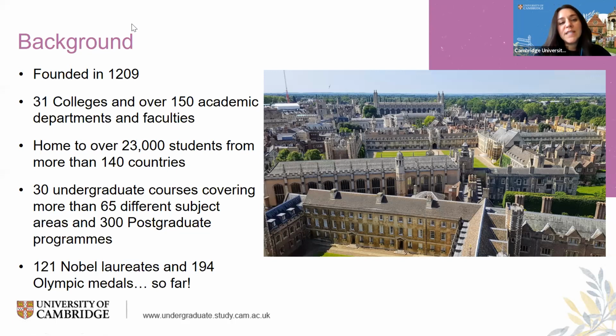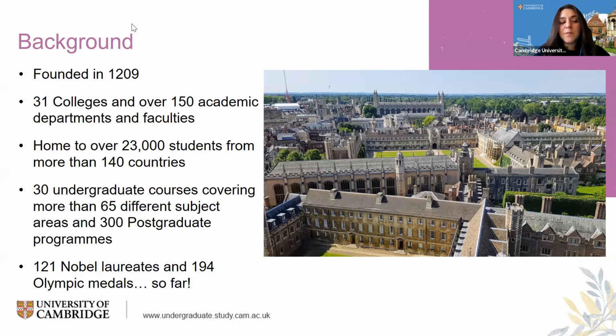We are home to 23,000 undergraduate and postgraduate students from 140 countries, so all continents are quite well represented across the university. We have 30 undergraduate courses covering more than 65 different subject areas and over 300 postgraduate programs.